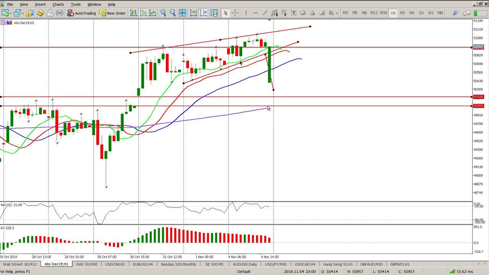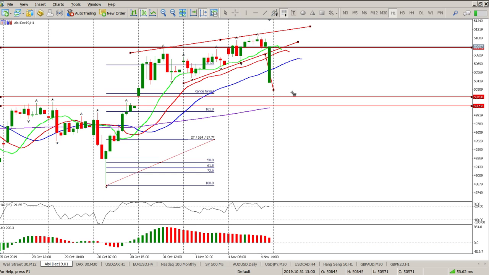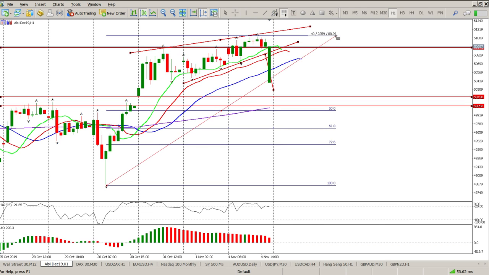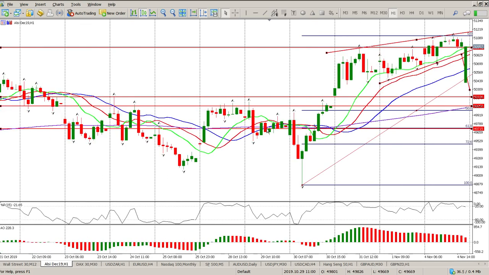It also lines up with the 200 EMA. We've got a gap, a number of buyers stepping in. That's what I would expect. I would almost expect this to be a Fibonacci level, a 50% Fibonacci level. Let's just add the 61.8 because that's something that this market loves.